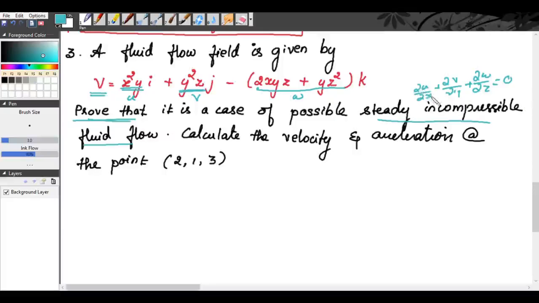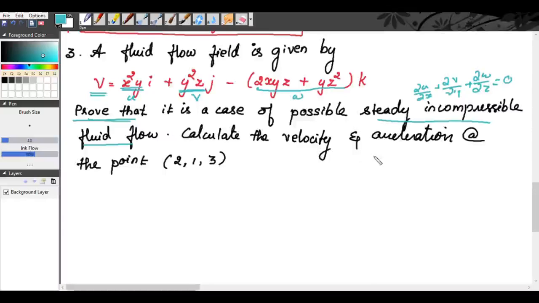If we prove it satisfies the continuity equation, that means it is a possible case of steady incompressible fluid flow, because for a steady incompressible fluid flow, the flow should satisfy the continuity equation.